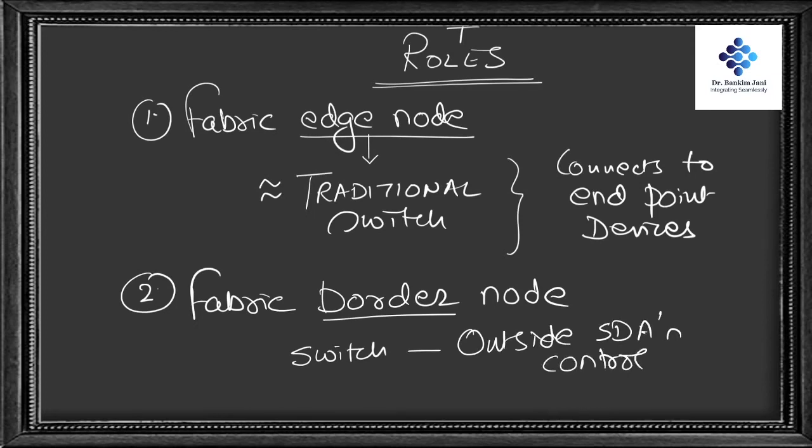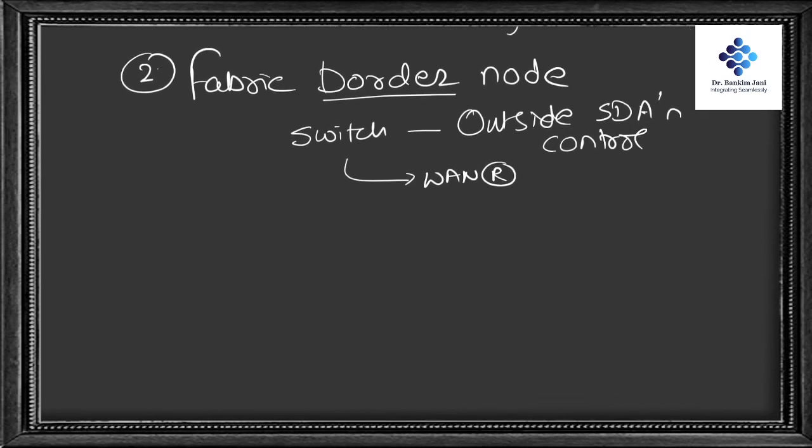This is a switch which normally you connect to your WAN router or something which you connect to your data center, right? So this is something which is outside the SDA's control. That switch is called the fabric border node. So in case it is not supporting edge, it can go there.